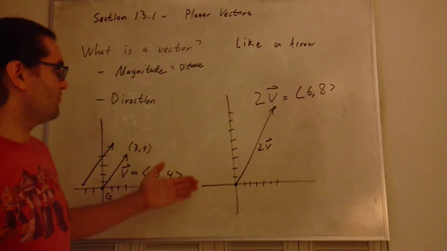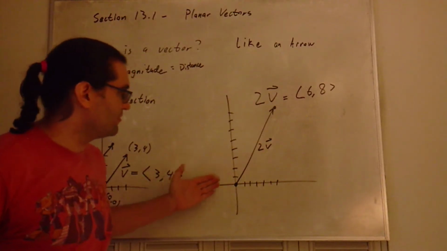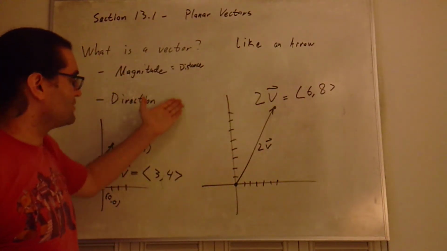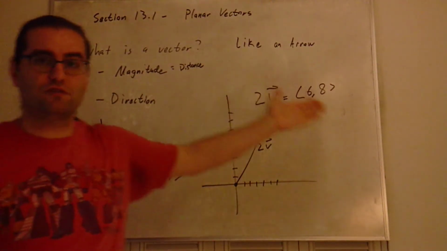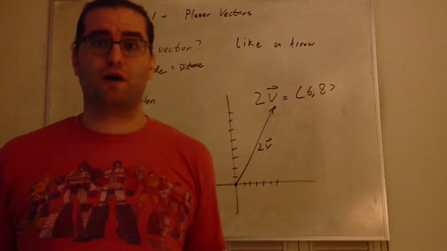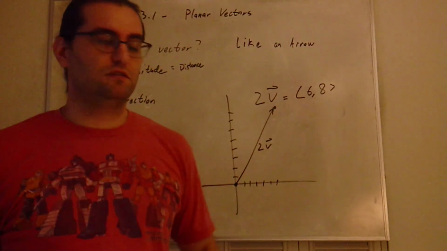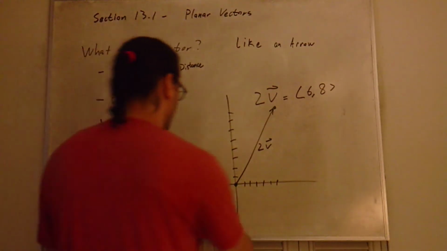But if you have this object that is some sort of distance and direction, you can multiply that thing by 2 or 3. You could multiply by negative 1. You can multiply by 1/2, make it smaller. Let's look at what happens when you multiply by negative 1.